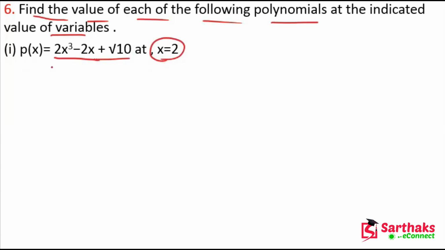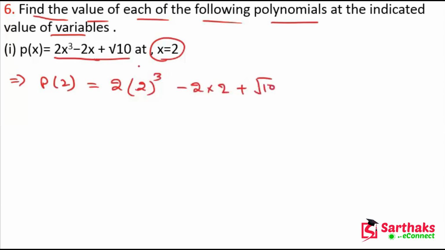For this we have to put the value of 2, which is equal to 2 into 2 cube minus 2 into 2 plus root 10. We are putting the value of x in this equation, so we get p of 2 is equal to 2 into 8 minus 4 plus root 10.